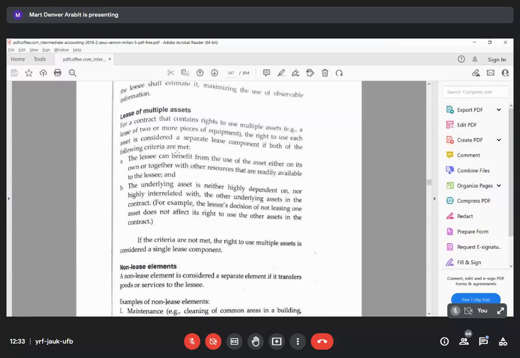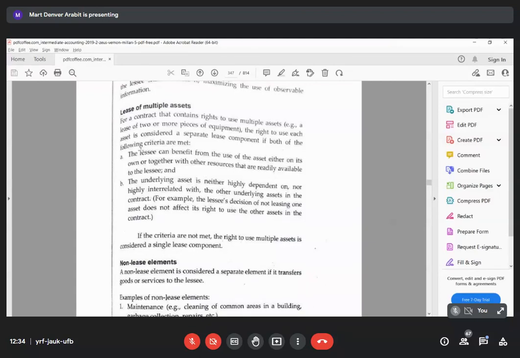Letter A, the lessee can benefit from the use of the asset either on its own or together with other resources that are readily available to the lessee, and the underlying asset is neither highly dependent on nor highly interrelated with the other underlying assets in the contract. So for example, the lessee's decision of not leasing one asset does not affect its right to use the other assets in the contract. If the criteria are not met, then the right to use multiple assets is considered a single lease component. Okay.